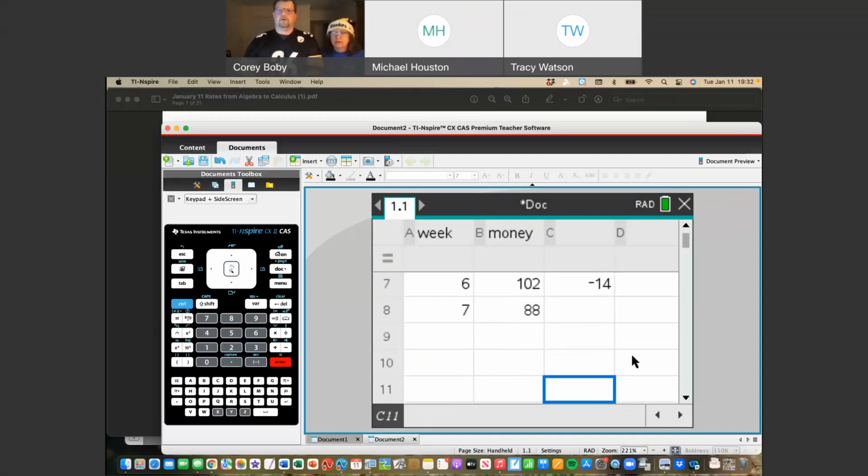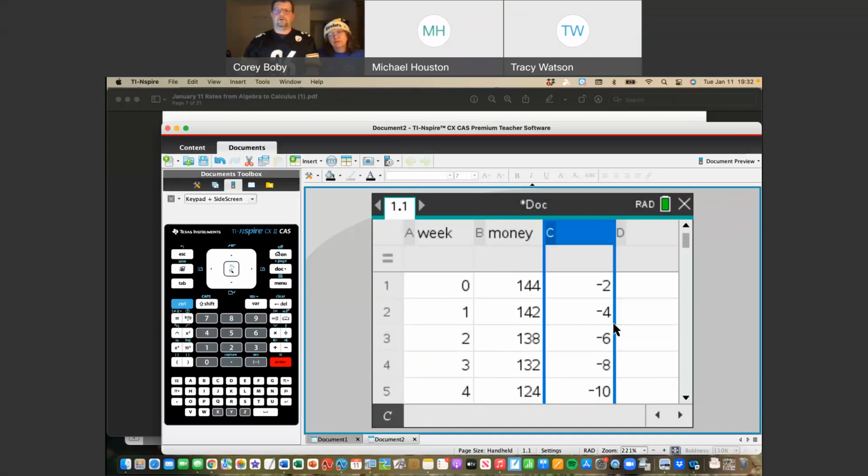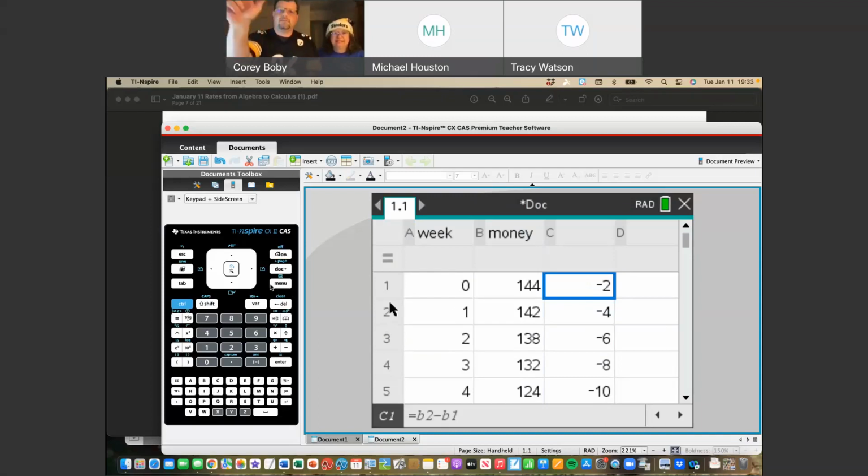Okay. So if you're an Nspire user, you set up a formula like in a spreadsheet. So I typed in B2 minus B1. The way that you do the fill command on an 84 or the Nspire, like on Excel or Google Sheets, I grab the corner and I drag it down, right?